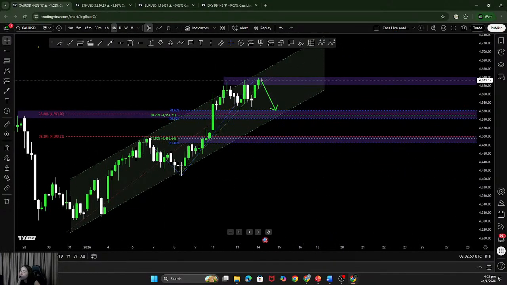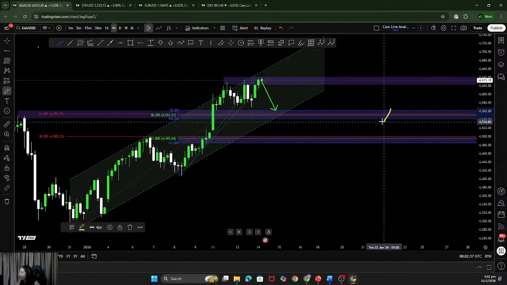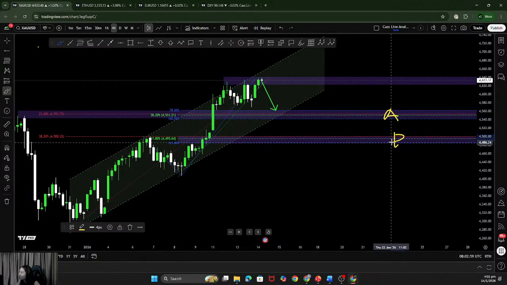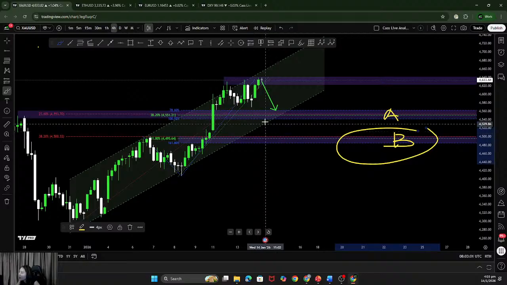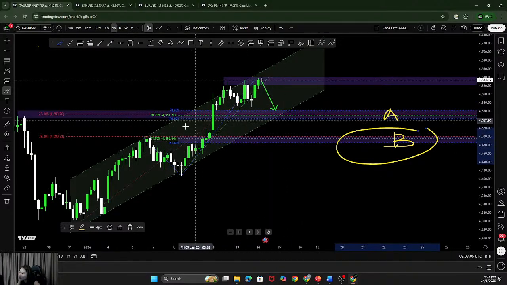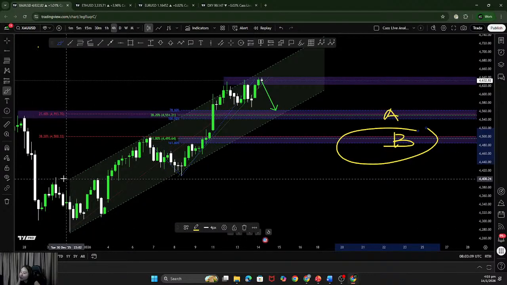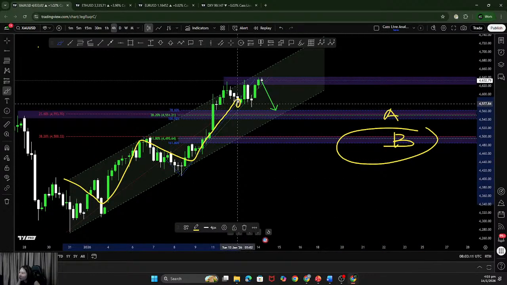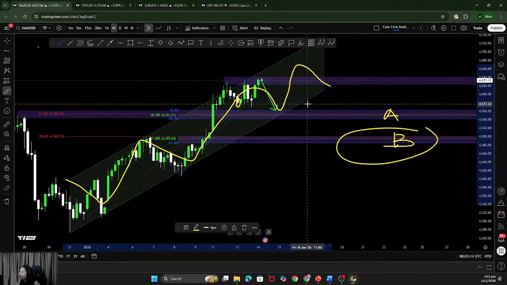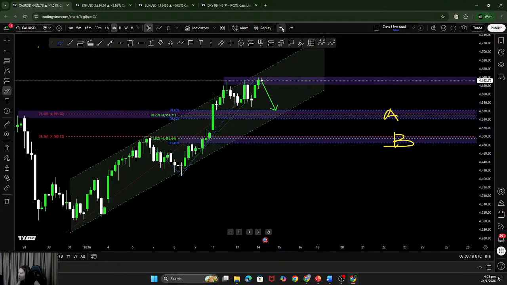So I'm more biased for it pulling back to A rather than B, because B is way too far from where this channel is. Remember, ideally if price were to continue moving within the channel, it should move like this, right? So if it comes to B, then that's way outside of the channel, and that means the channel wouldn't really make sense anymore.